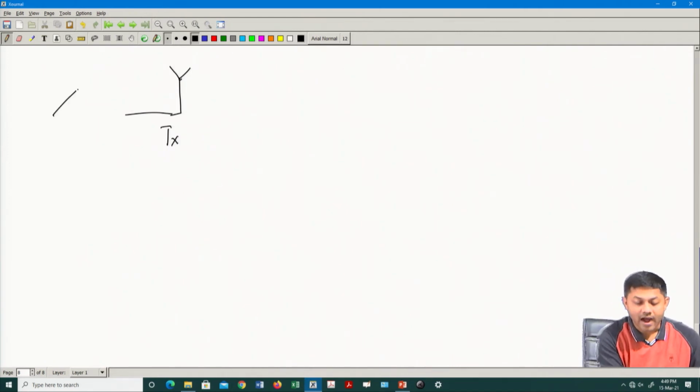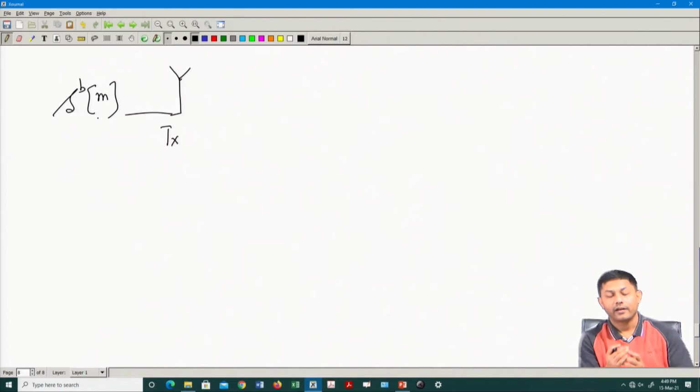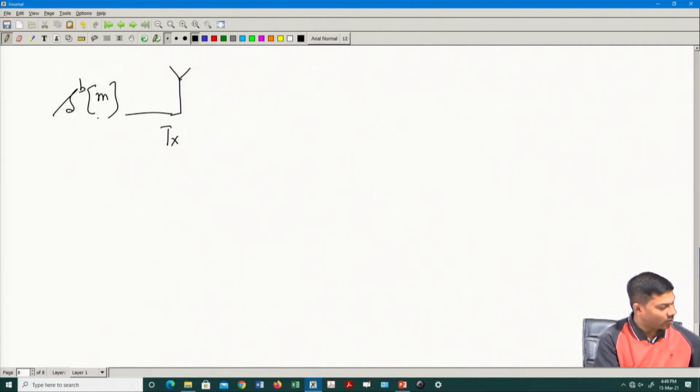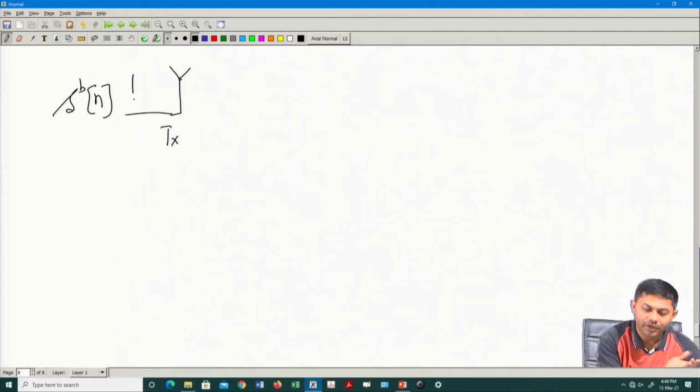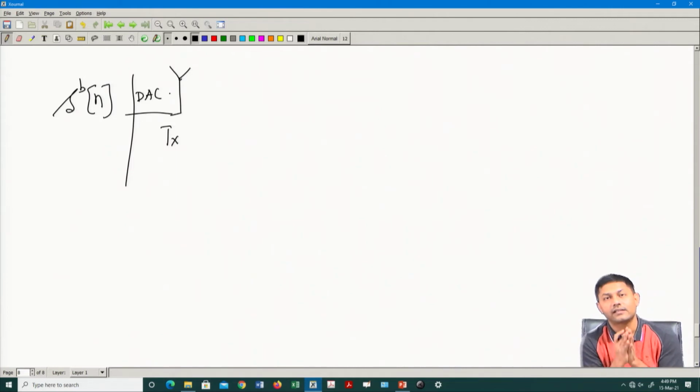S_B[n], because I am viewing my system from the digital part. The whole analog RF I push into the channel. Beyond this point I have the DAC, different filters, modulator, power amplifier, all of it I push into the channel.